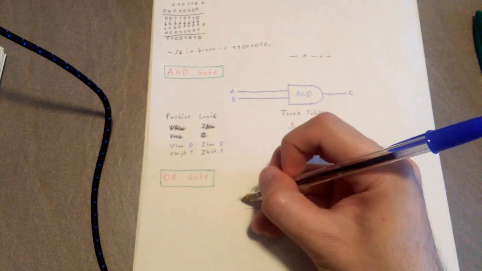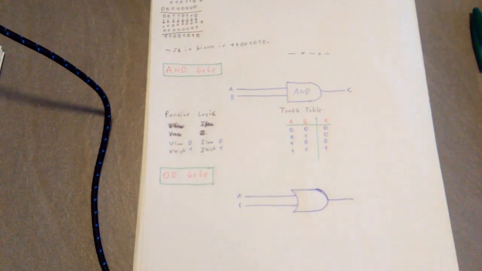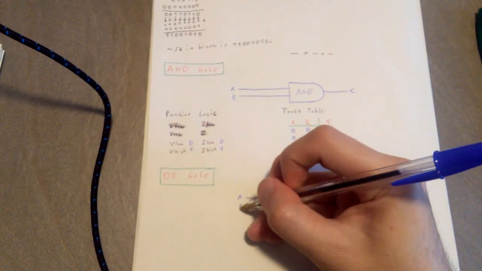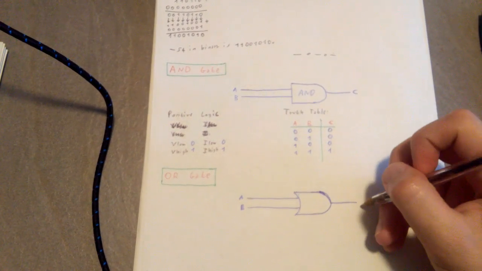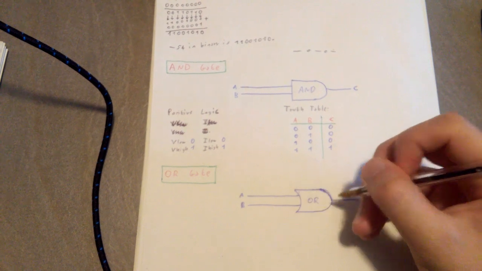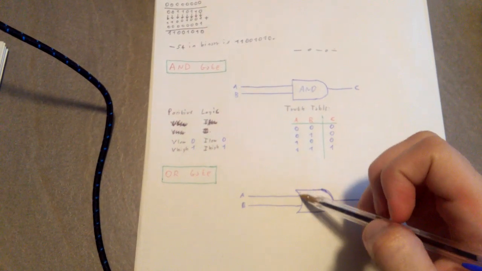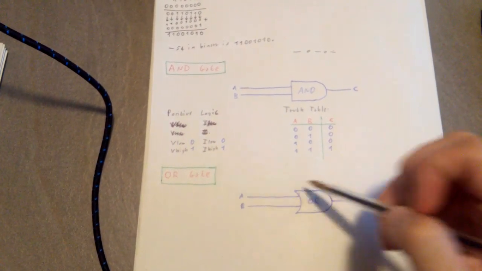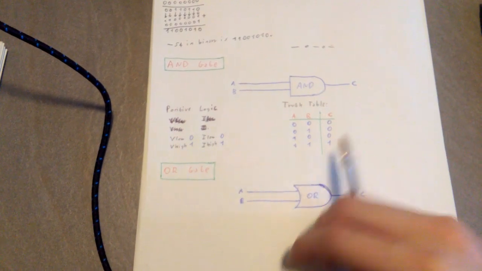Some people even call this basic, but it's not the right thing. So we have two inputs, A and B, and an output C. And this is an OR gate. It's like the AND gate, but it has this curve at the bottom here.